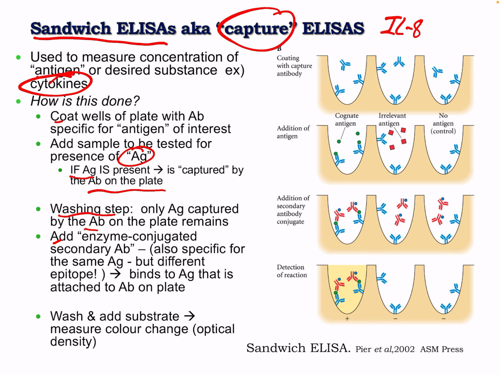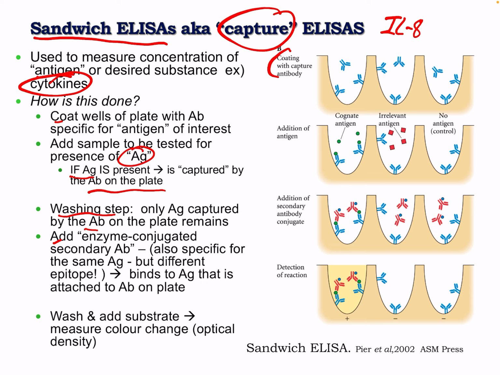Then we add our enzyme conjugated secondary antibody, which is also specific for the same antigen, but a different epitope, which is very important. This binds to the antigen that is attached to the antibody on the plate. Then we wash and add substrate once again and measure the color change with optical density.